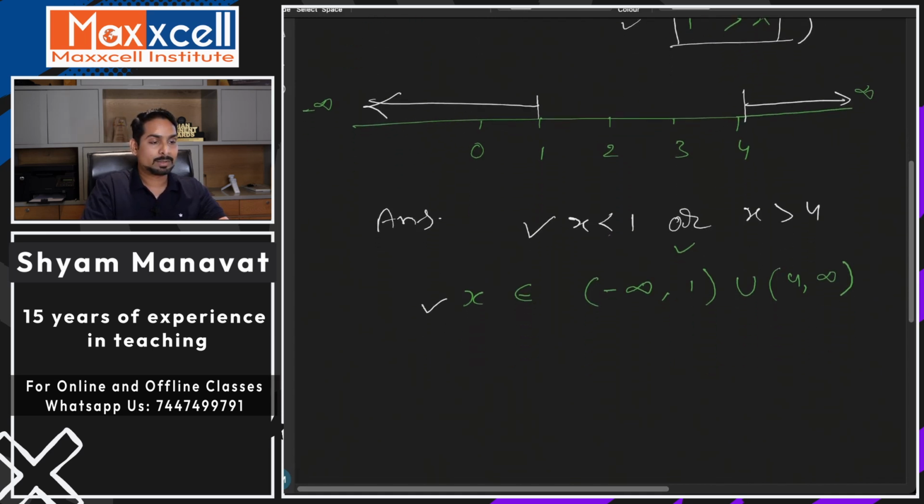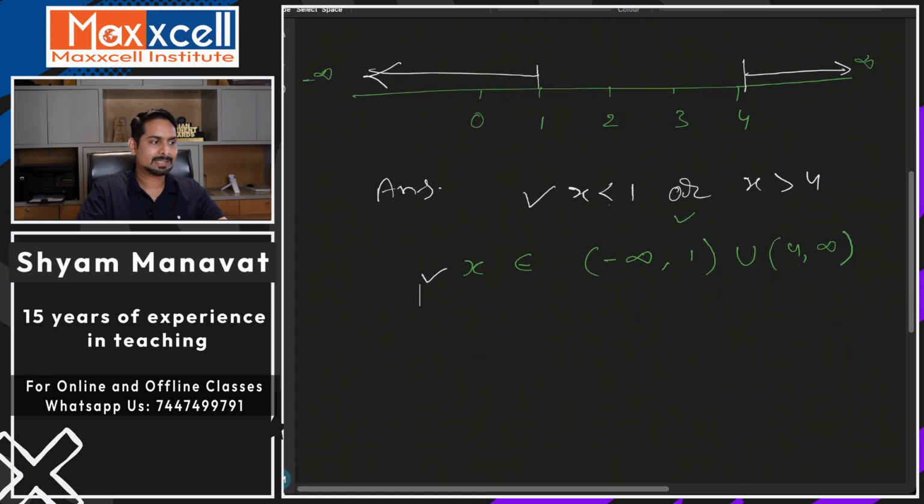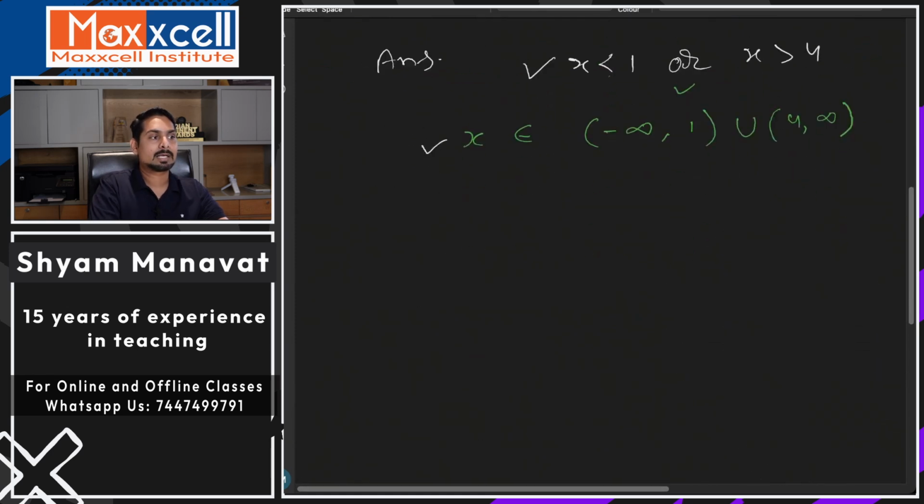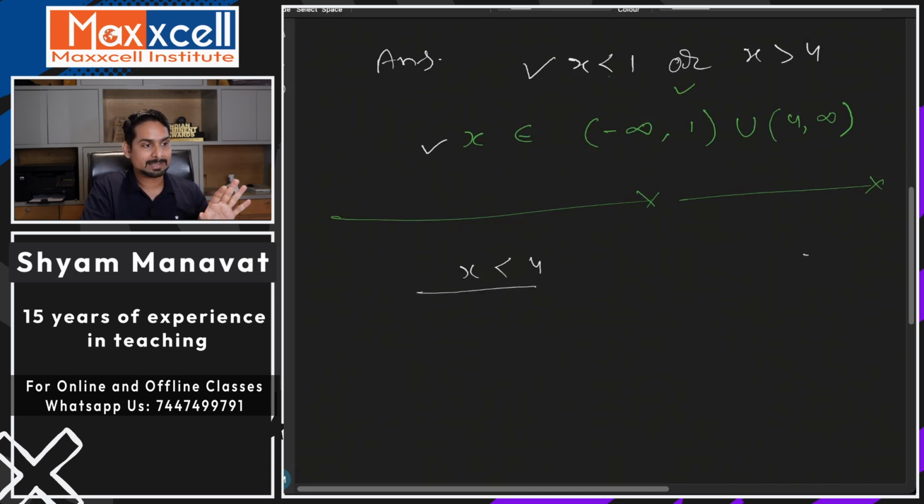Now, what I was trying to say here, take a hypothetical situation that by solving these two modulus, if you remove the sign of modulus and by solving these two signs, you get the answer like, hypothetically, x is less than 4 from one side and x more than 1 from the other side.